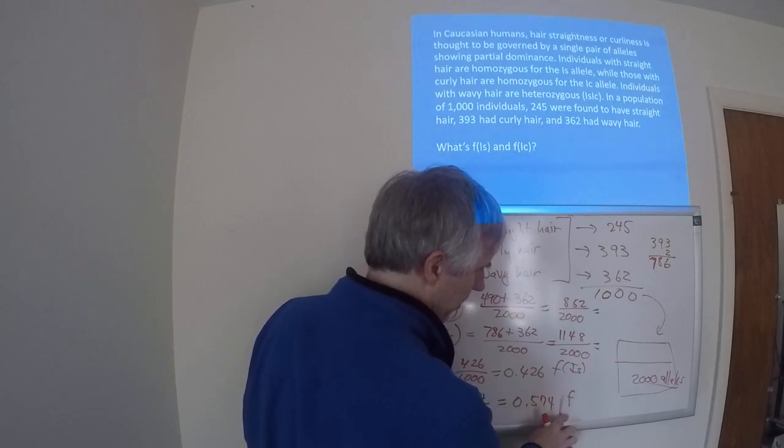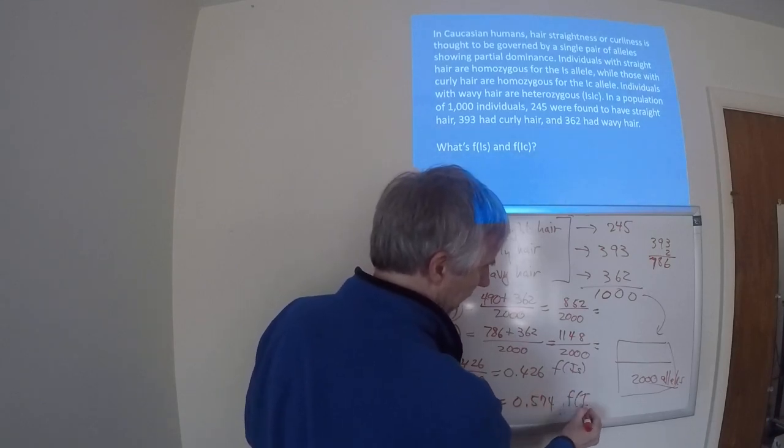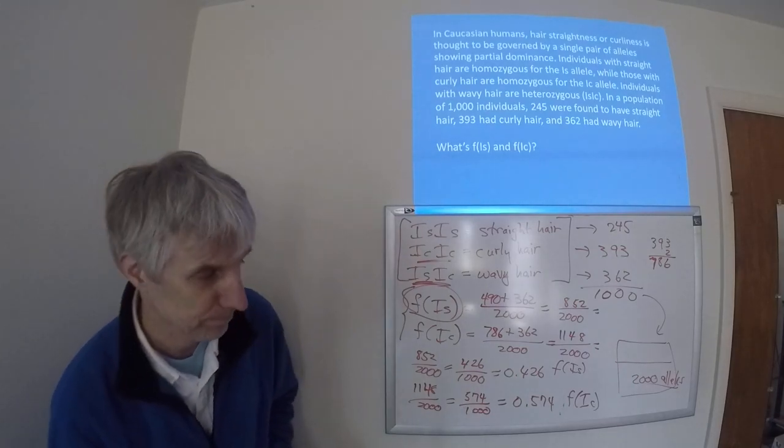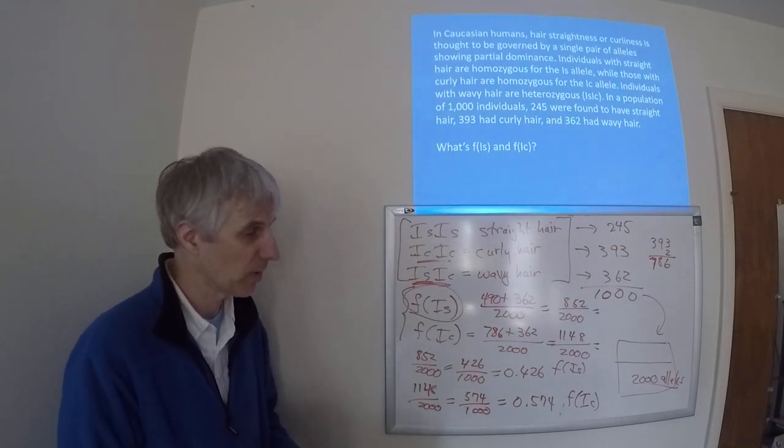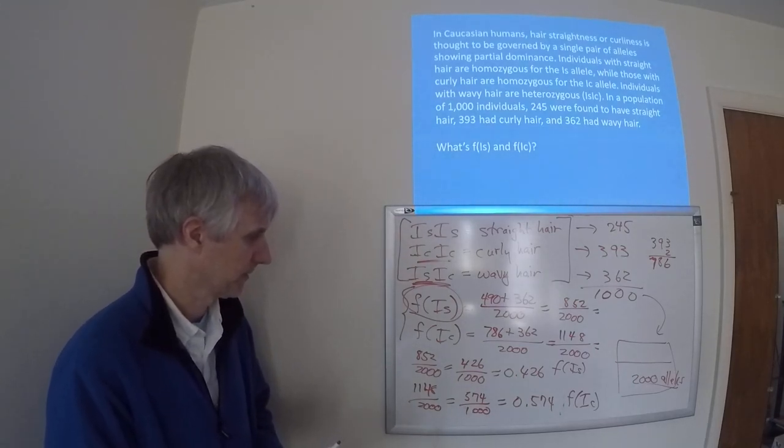That's the frequency of the IC allele. Okay? Simple Hardy-Weinberg stuff. Right?